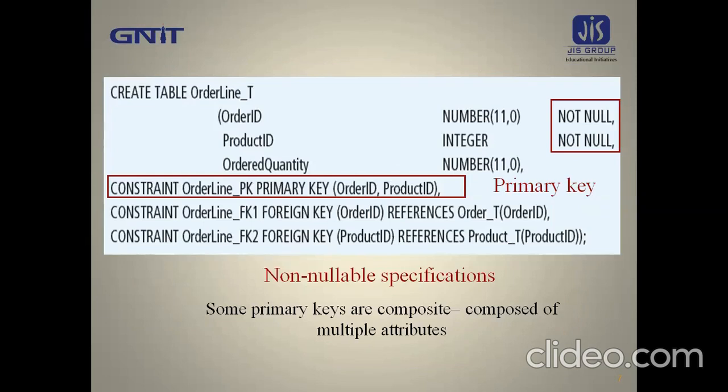This is again for the table order line. We can see that both order ID and product ID are specified as not null. Here we see that the primary key, both order ID and product ID, is composite. That means it is formed using multiple attributes. In our case, order ID and product ID both are used to form the primary key for the order line relation.